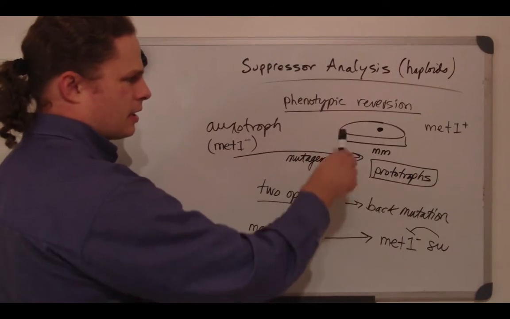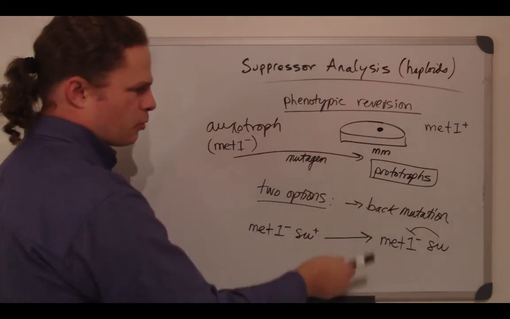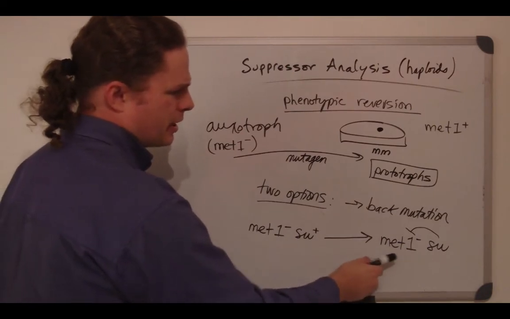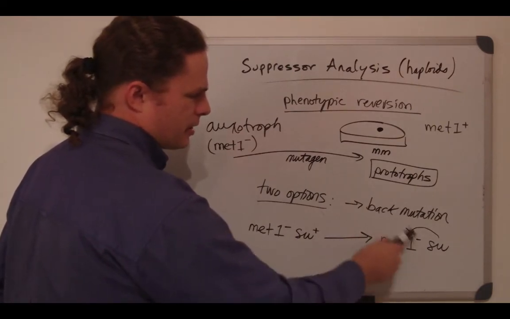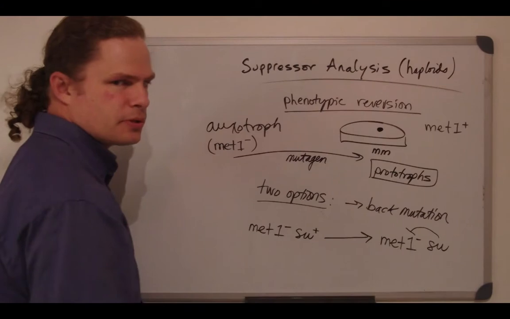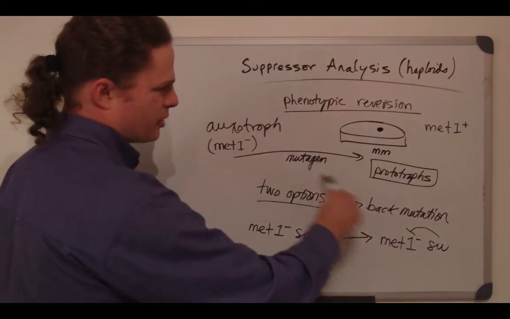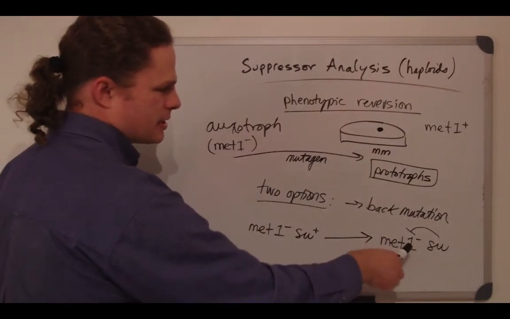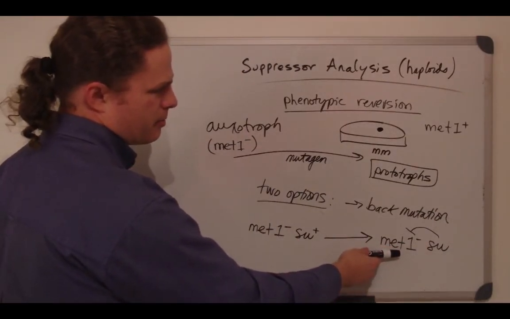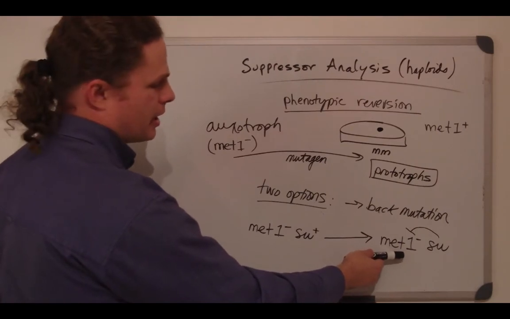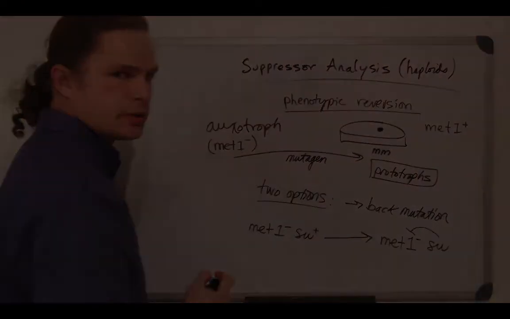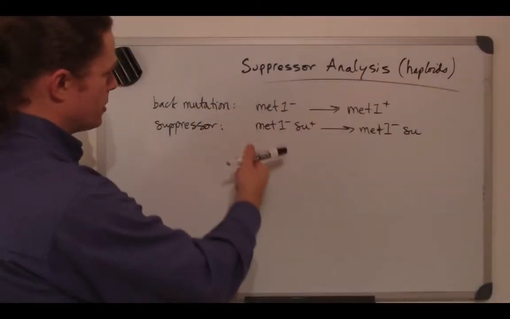And deciding between one type of event, a back mutation versus a suppressor, hinges on the ability to detect that this MET1 minus mutant is still present even after this phenotypic reversion event has taken place. So in the next segment, we'll talk about how we can do crosses to tell the difference between this type of event with a suppressor arising and compare and contrast it with what happens with a back mutation and how we can distinguish those.